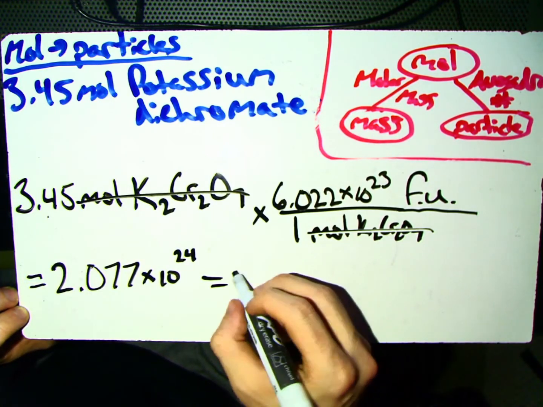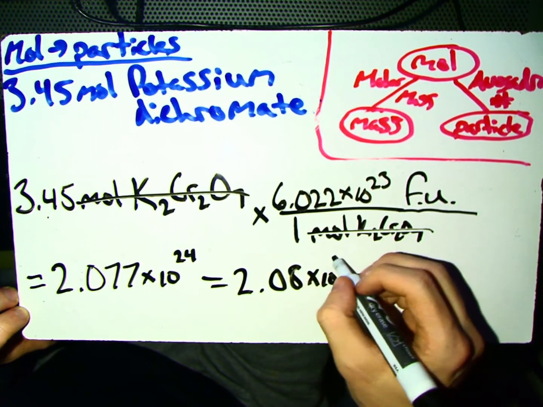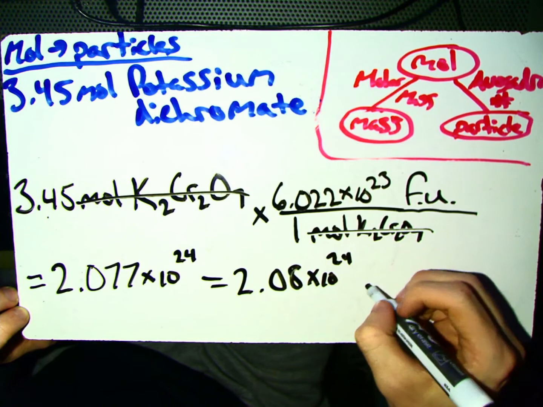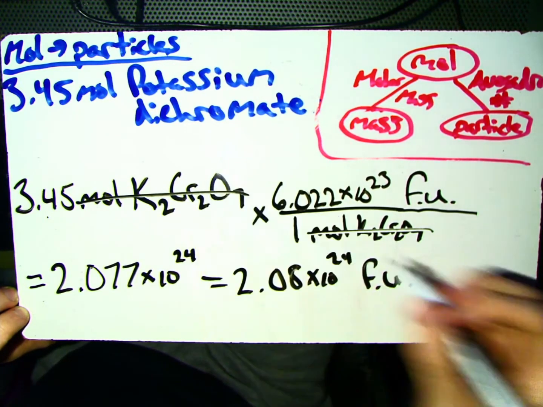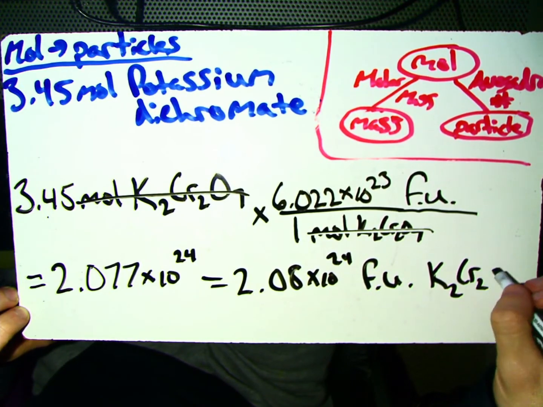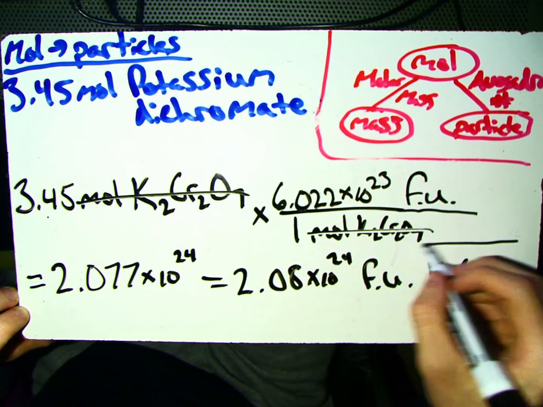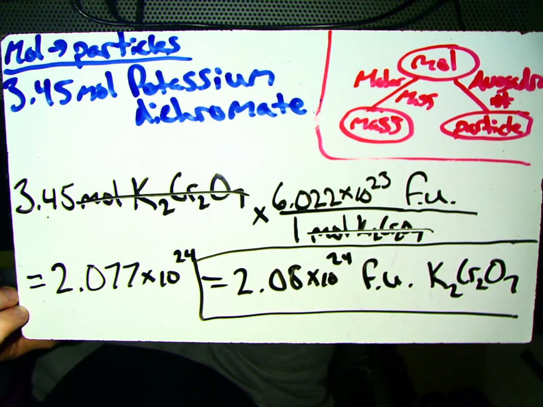So it's really 2.08 times 10 to the 24 FU, do not forget units, of potassium dichromate. So we didn't have to use the periodic table, but you do have to remember Avogadro's number.